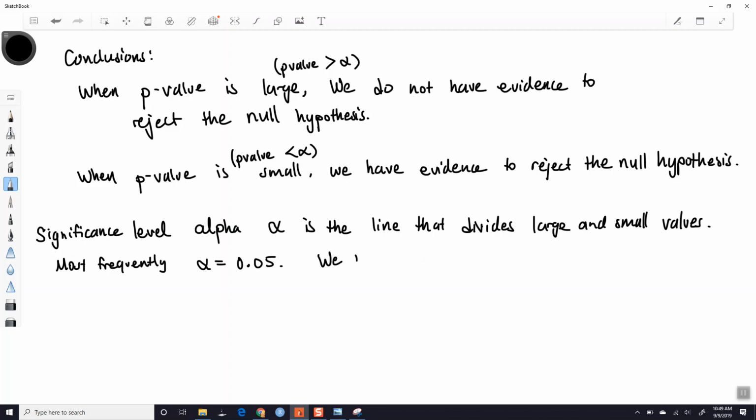However, we may choose to use alpha equal to 0.01, or sometimes even alpha at 0.10, or some other arbitrary value.